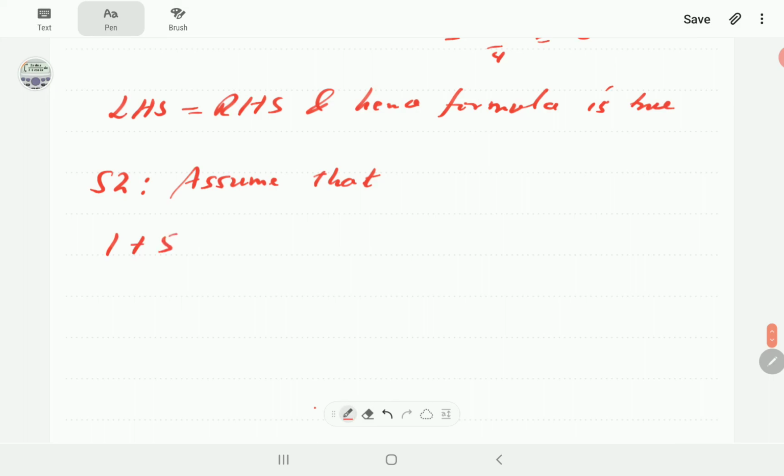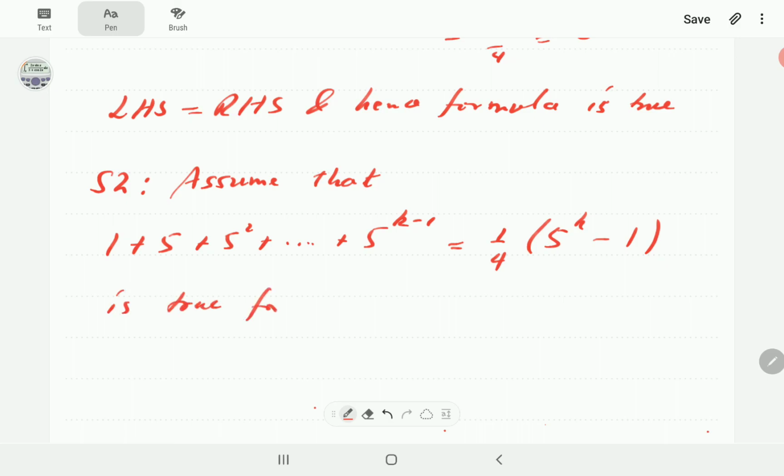We have 1 plus 5 plus 5 squared, up to 5 to the power k minus 1, is equal to 1 over 4, 5 to the power k minus 1. Assume that this is true for some n equal to k. k is a natural number.